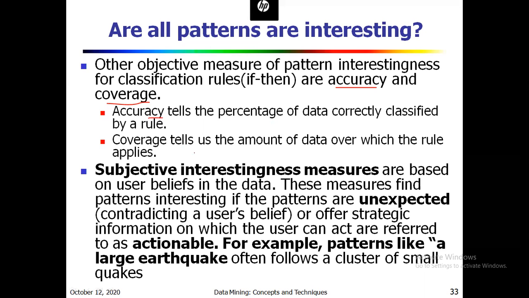And coverage tells us the amount of data over which the rule applies. So accuracy and coverage are the two other objective measures of interestingness of a pattern.